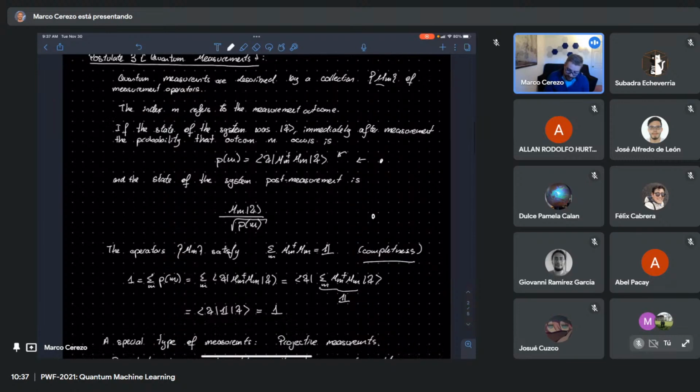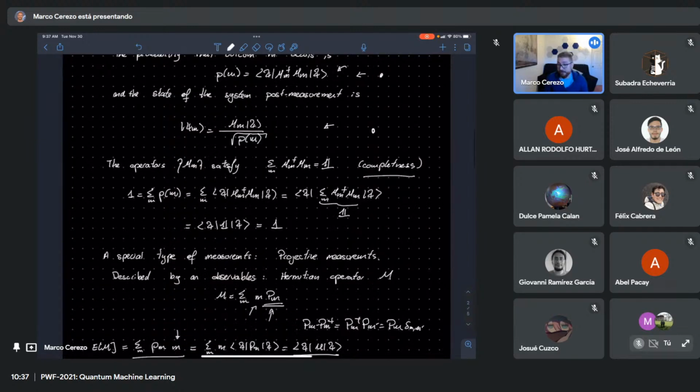Then we can use this equation to obtain the state of the system post-measurement. If we're working with a complete basis of measurement, then those measurements fulfill this property, which tells me that the summation of the probabilities needs to be equal to 1, which means that whenever I run an experiment, I have to get an outcome out of that experiment.